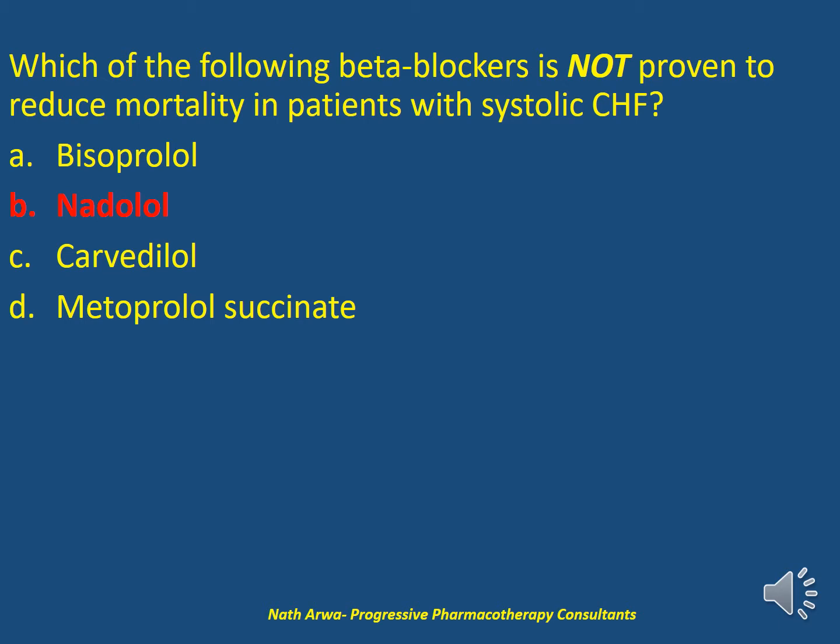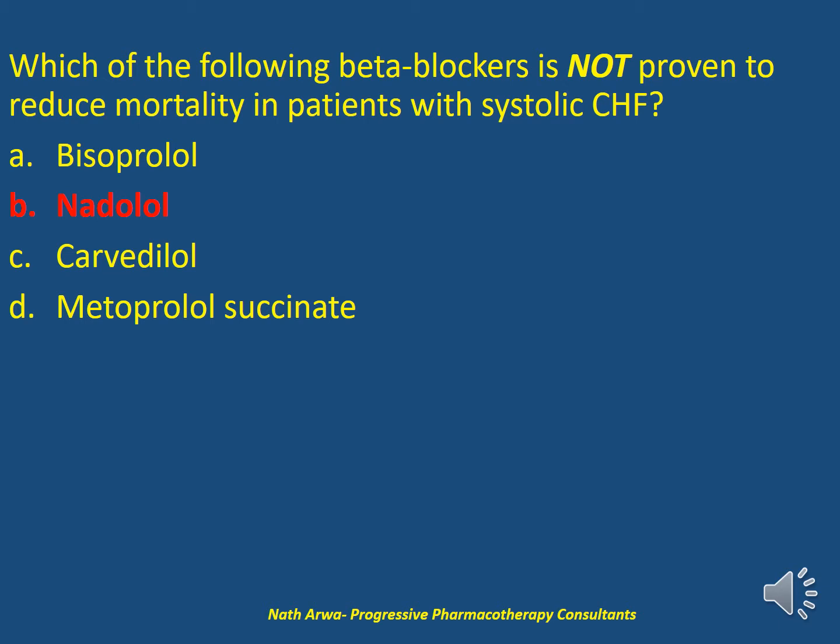Bisoprolol, Carvedilol, and sustained release metoprolol succinate are the beta blockers that have been proven to reduce mortality in patients in this category. Now remember, it's metoprolol succinate, not tartrate.